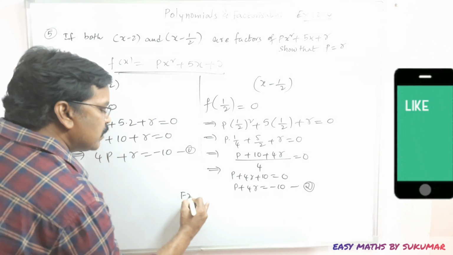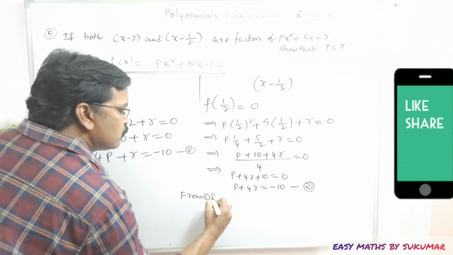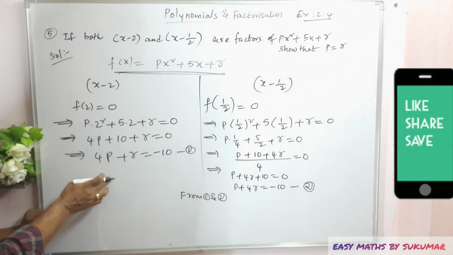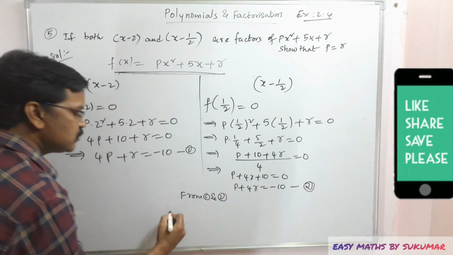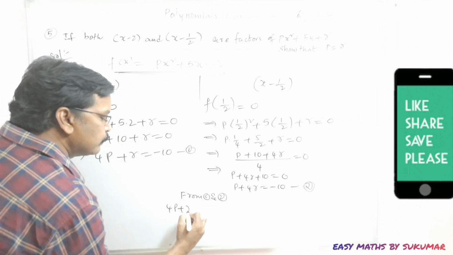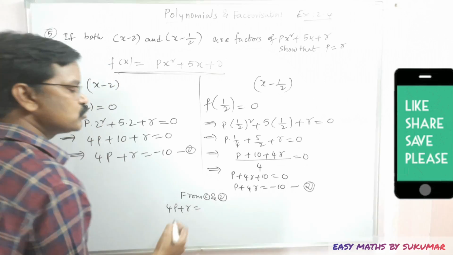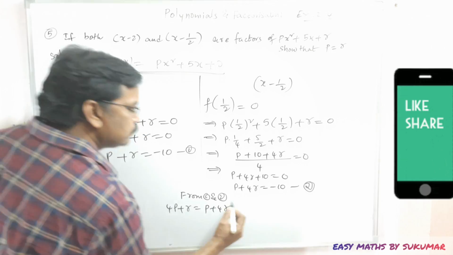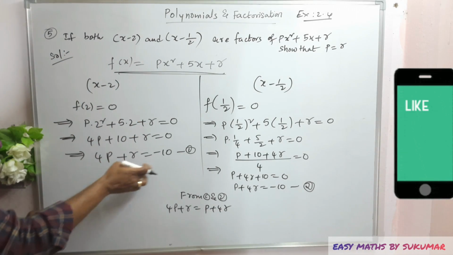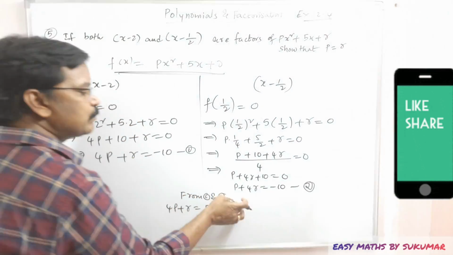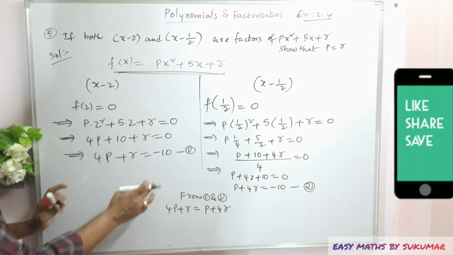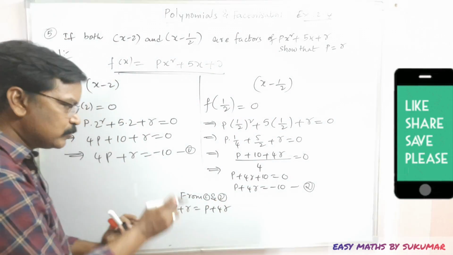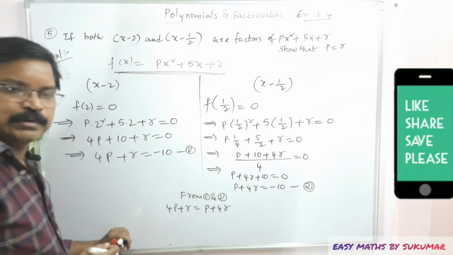Now from equation 1 and equation 2: 4p plus r is equal to minus 10, and p plus 4r is equal to minus 10. Both equations are equal to minus 10, no?